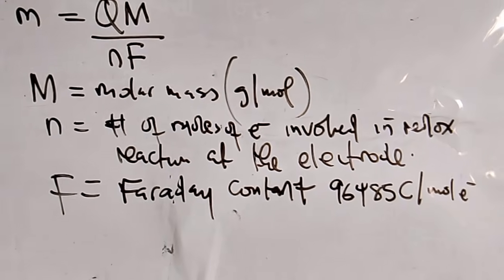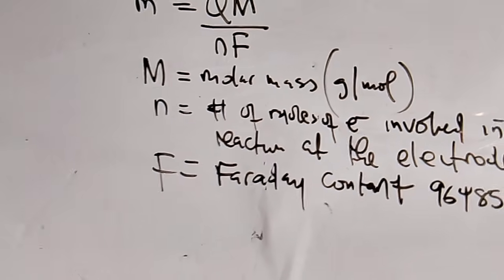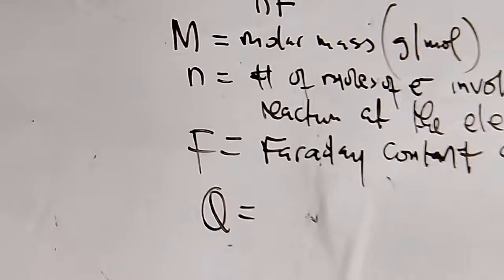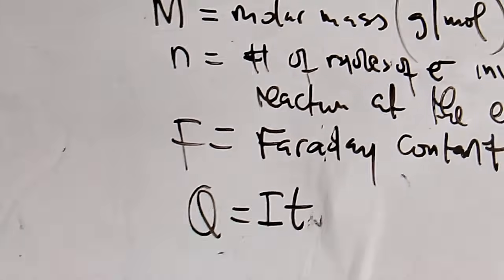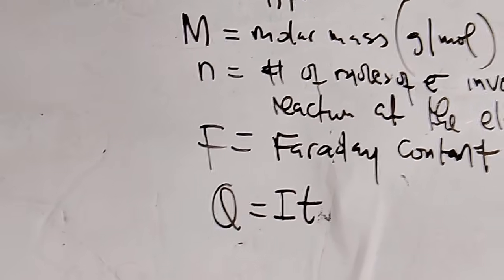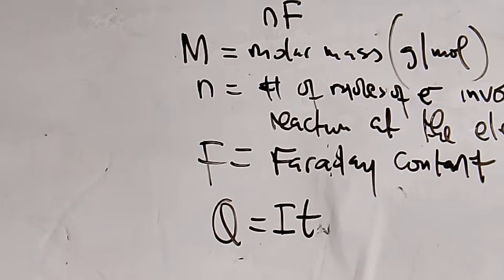That's the Faraday constant. Then Q is the charge. Charge is equal to current times time. Time in seconds. Okay.